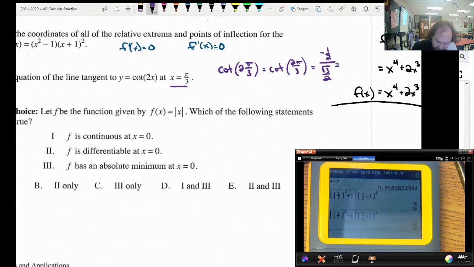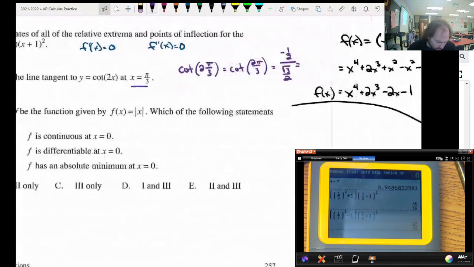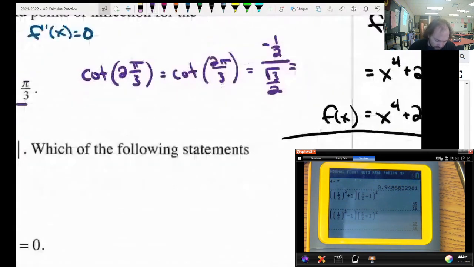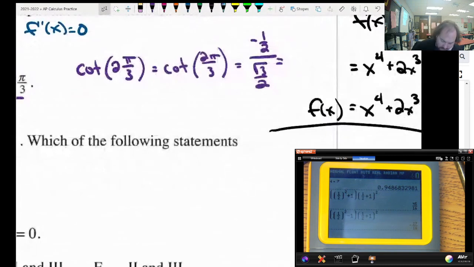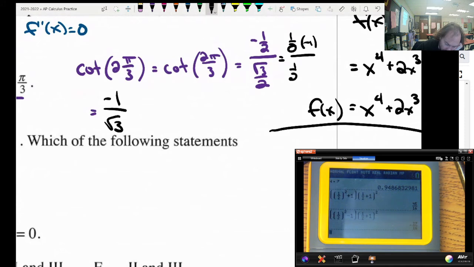If you divide those out, the 1/2s actually cancel out, and you're left with -1 over the square root of 3. That's the way I like to think about that, is you're actually factoring out a 1/2. You have 1/2 times -1, and 1/2 times the square root of 3.